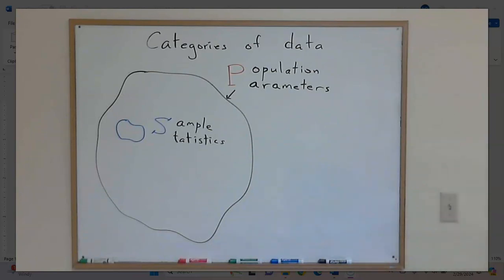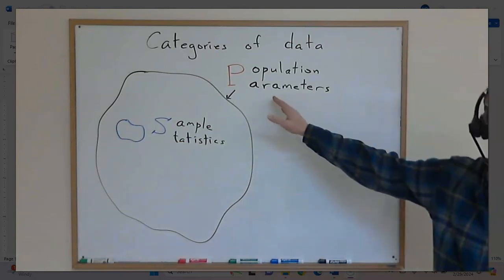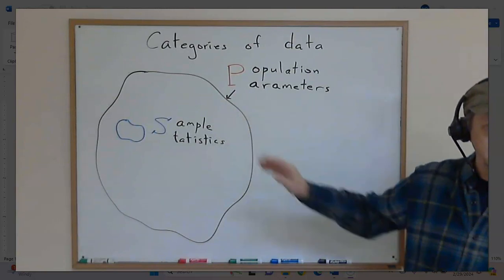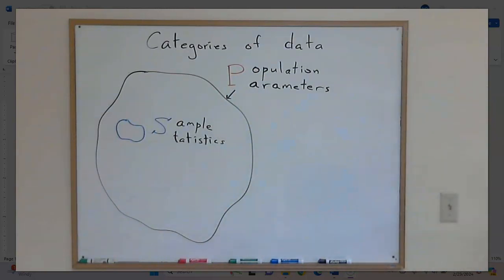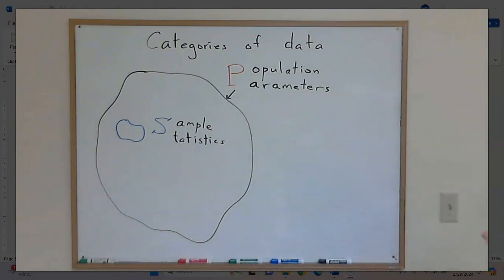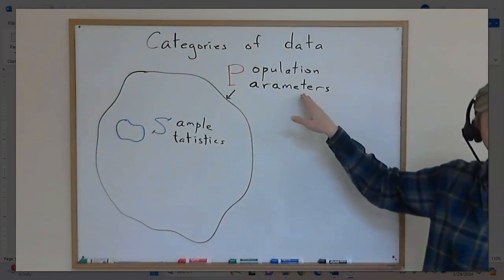That's very convenient because doesn't that make a good memory device? You can think about the letter P, population, parameters, and then the letter S stands for sample and statistics. Technically speaking, the statistics are really the only data that we have because remember, we can't observe the whole population. We really can only make educated guesses about the parameters.